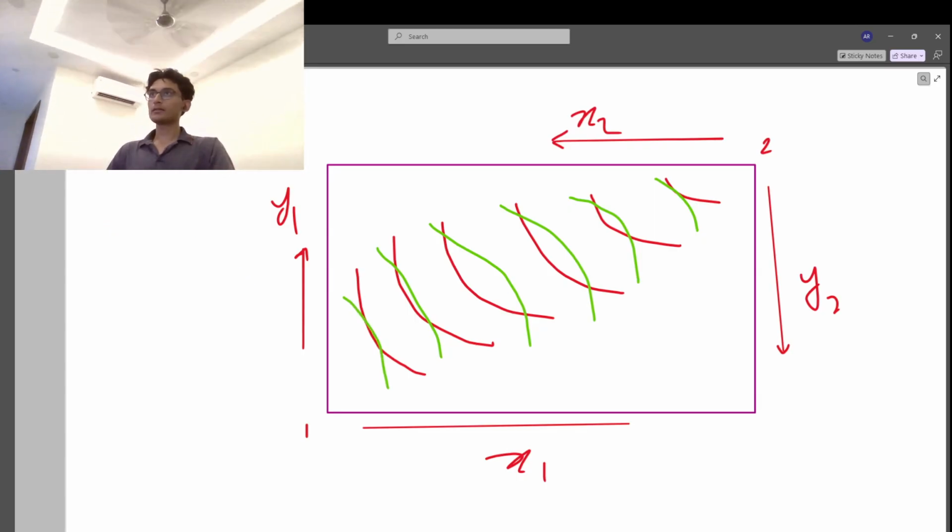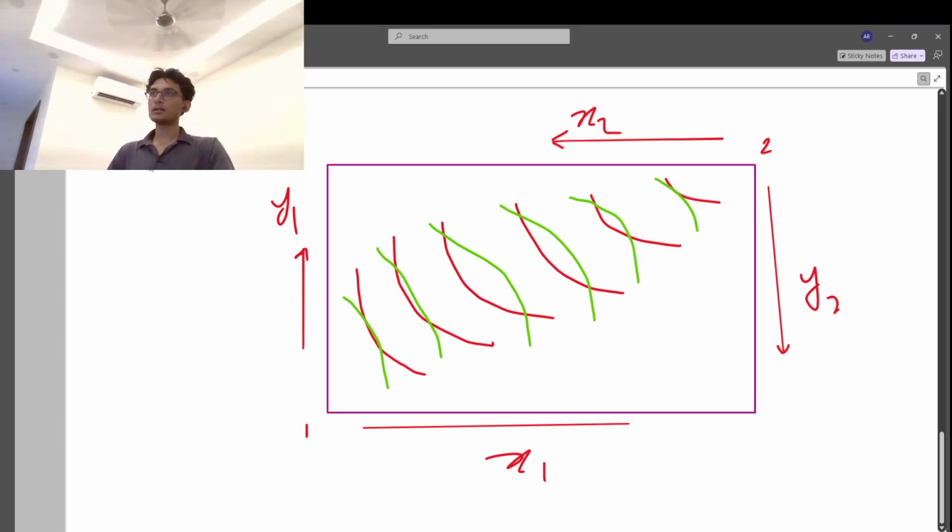So let's now take the economic endowment to be at this point.